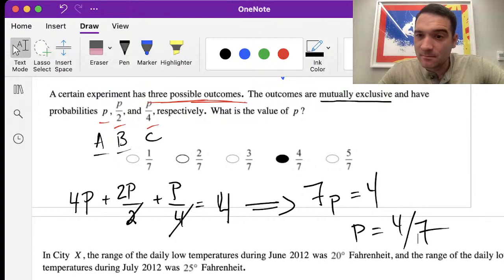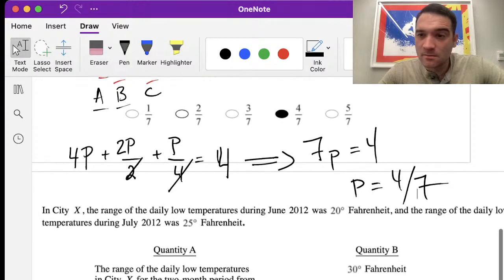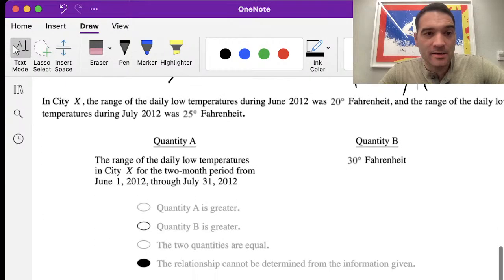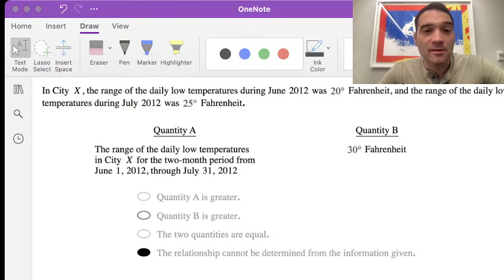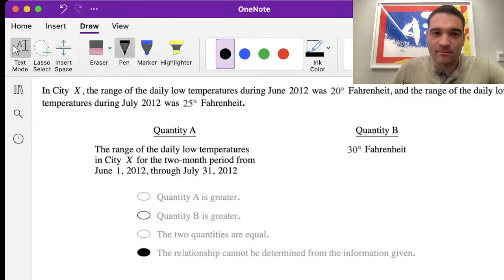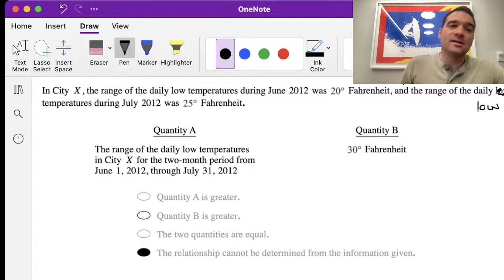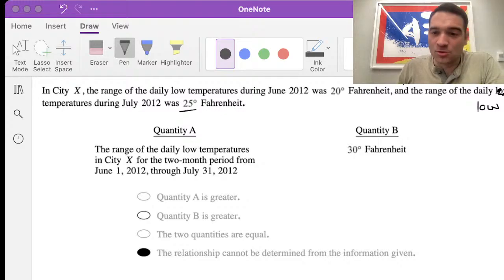All right. So we got daily low temperatures and talking about the range. That word that's cut off there is just low, L-O-W. Daily low temperatures during July 2012 was 25 degrees Fahrenheit. Again, we'll start with the definition here.